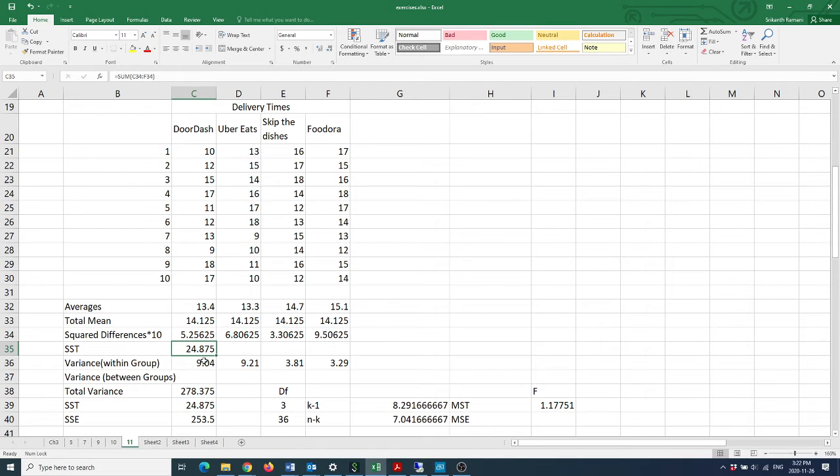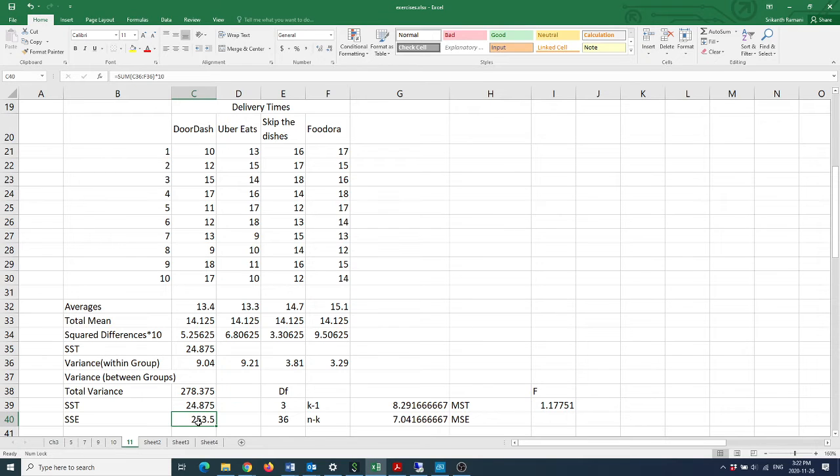The second thing which we need to find out is the sum of squares of errors, which is the within-group variation. The within-group variation is easy to find out because you can just use the variance function. We'll be using the population variance formula in this scenario. So find the variance function of, and select these 10 observations in Excel, and you have the variances for each of these groups.